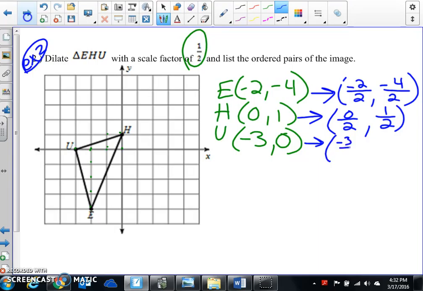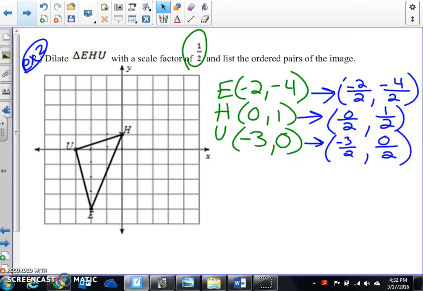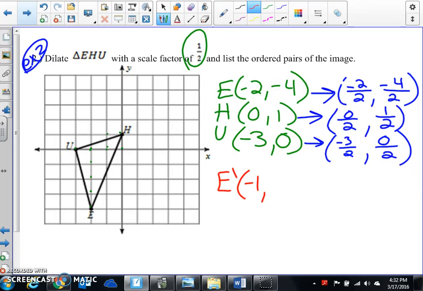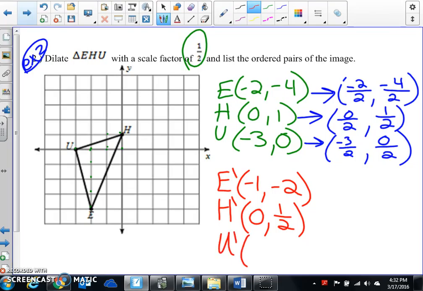This would be -3 divided by 2, and 0 divided by 2. All right, so that makes E prime. -2 divided by 2 is -1. -4 divided by 2 is -2. H prime would be 0 divided by 2 is 0. 1/2 is just 1/2, or 0.5. And U prime would be -3 divided by 2 is -1.5. And 0 over 2 is 0.